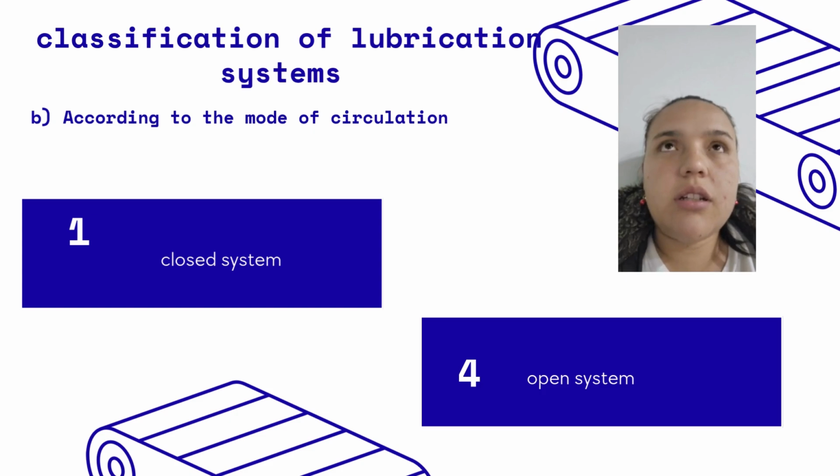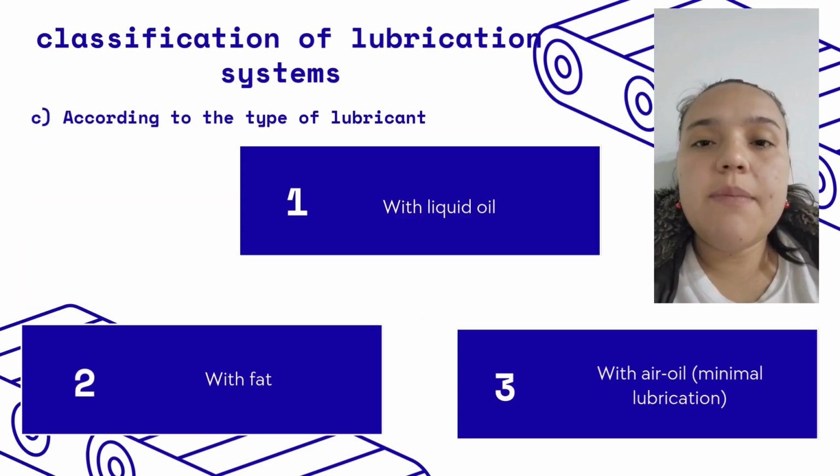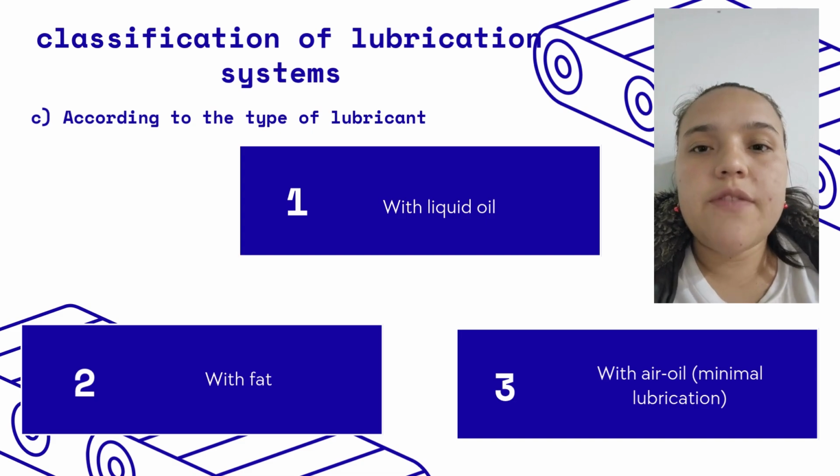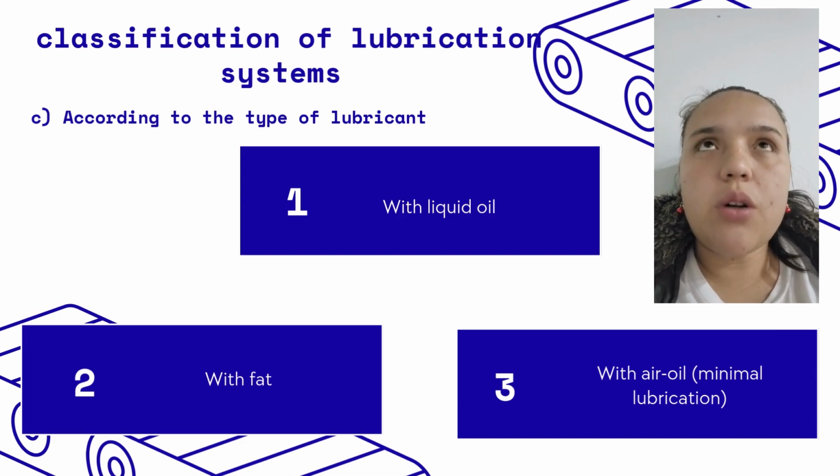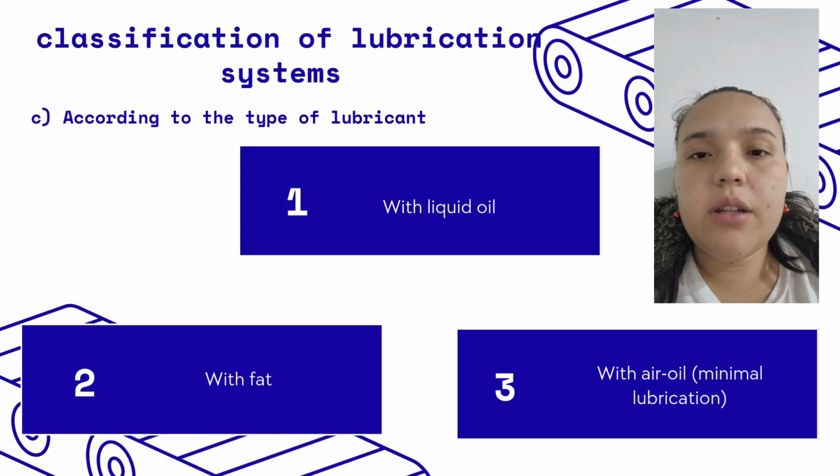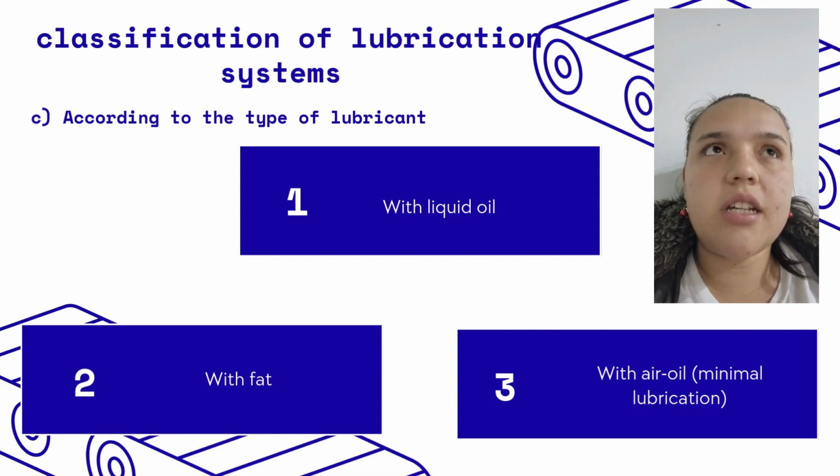The next type is according to the type of lubricant. The first is liquid oil, and the second is grease. The first, liquid oil, is the most common and uses mineral, synthetic, or semi-synthetic oil.